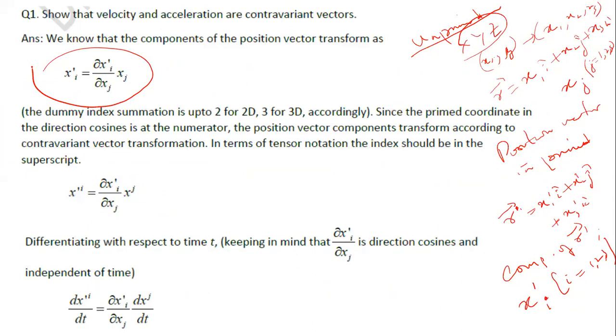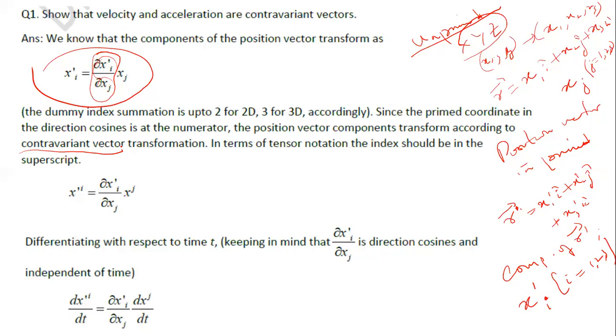When you arrive at this, by checking the direction cosines or the partial derivatives here, you find that the coordinate variable corresponding to the prime system, xi prime, is in the numerator, and this xj unprimed is in the denominator. So that means the position vector is a contravariant vector, because it follows the contravariant vector transformation.